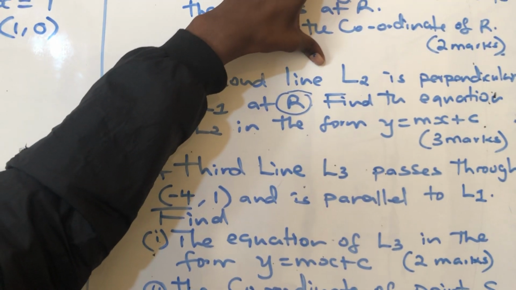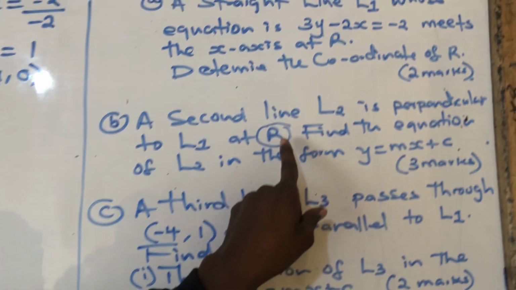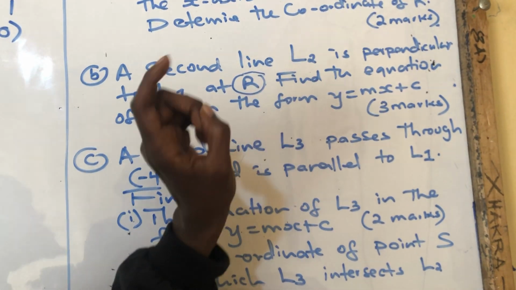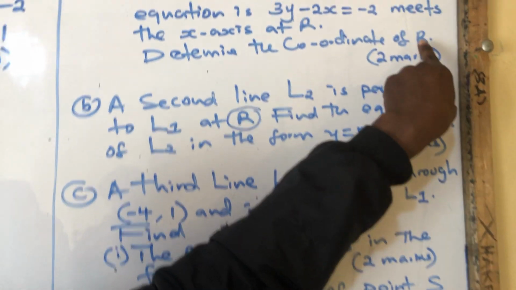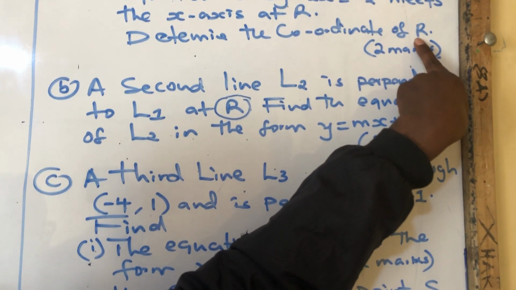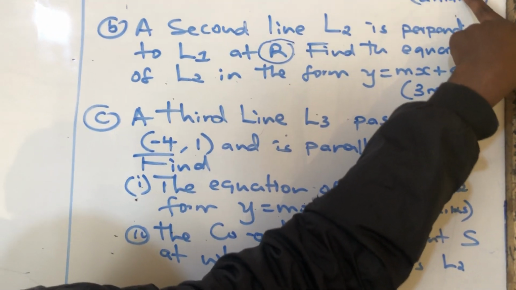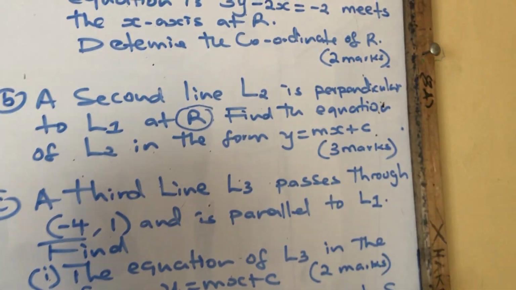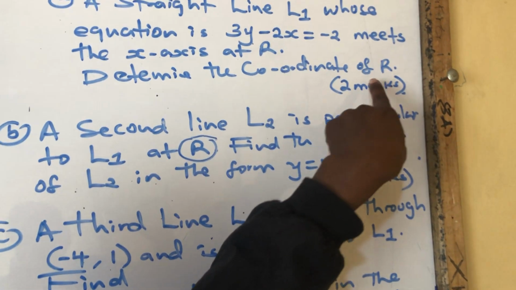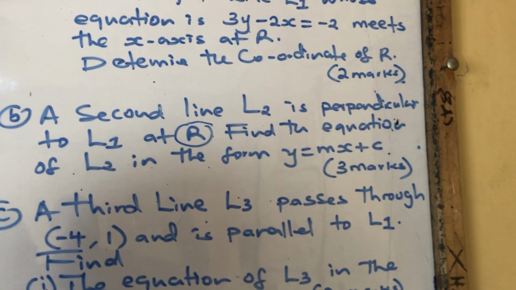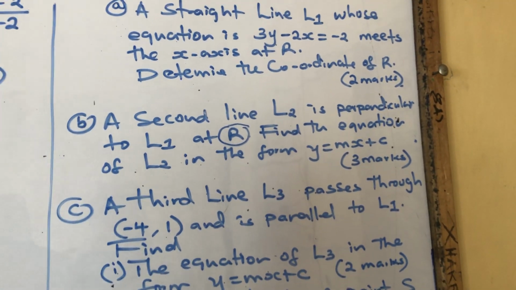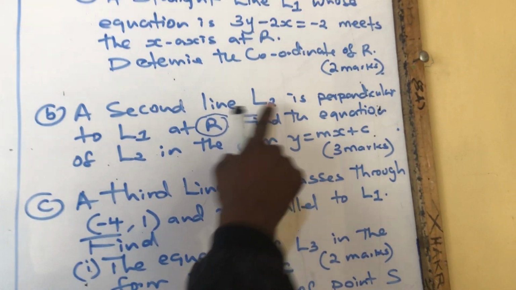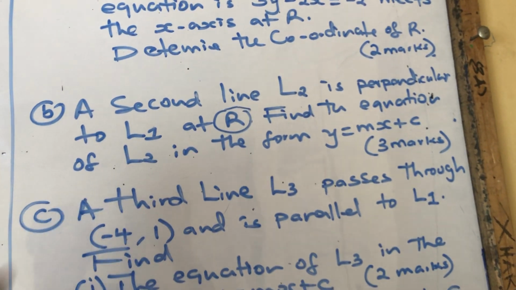In other words, a student will not be in a position to answer this question if the student did not obtain the coordinate of R successfully. And take note, for you to get the remaining marks, the student must have obtained the coordinate of R, and the coordinate of R must have been correct. That brings us to part B: a second line L2 is perpendicular to L1.